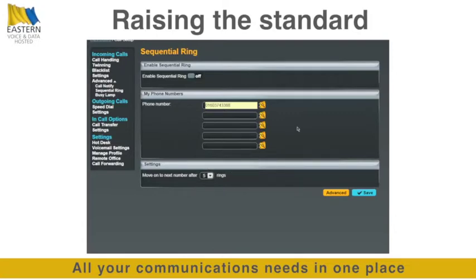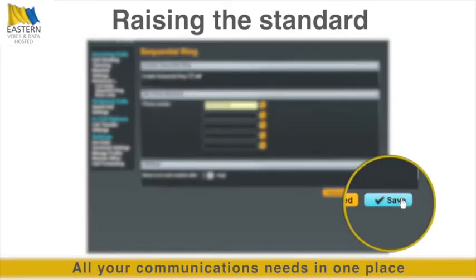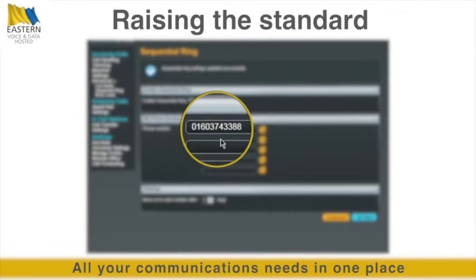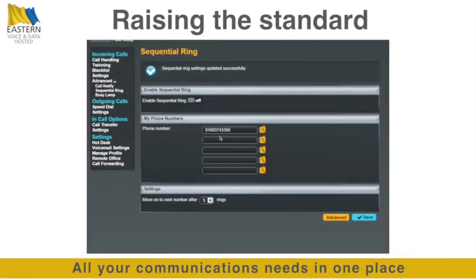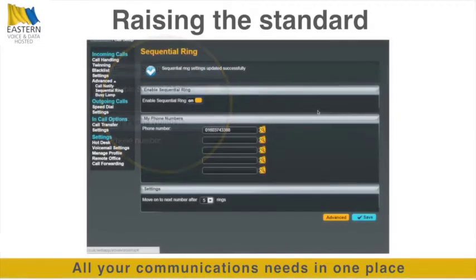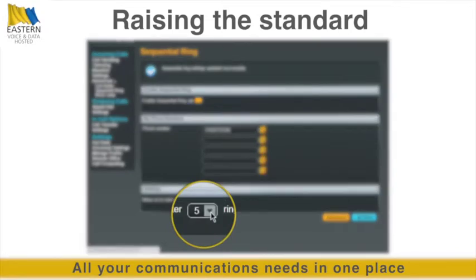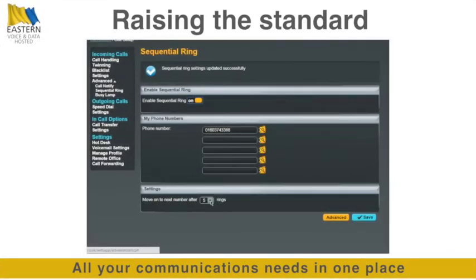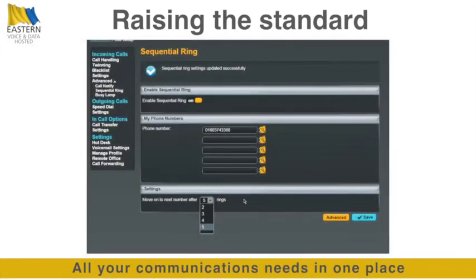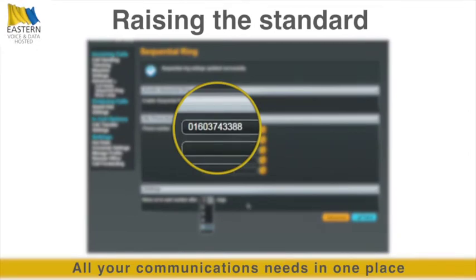Okay, so now what I've done is I've set it up so that this number is in my sequential ring list. Now what that means is that to start with, my phone rings and then the office phone will ring after 5 rings. So my phone will ring, the office phone at this point won't be ringing, and then in 5 rings the office phone will ring.